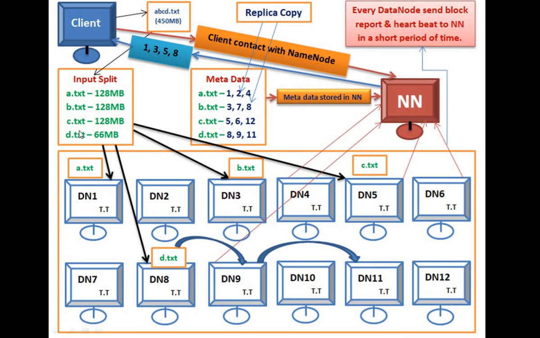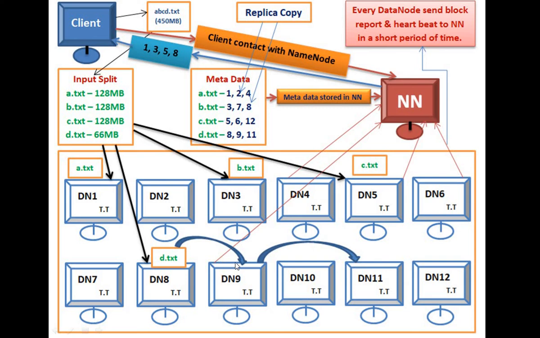And d.txt we can put on data node 8, as we see in this notation, this arrow. We put d.txt on data node 8, its first replication on data node 9, and its second replication on data node 11.